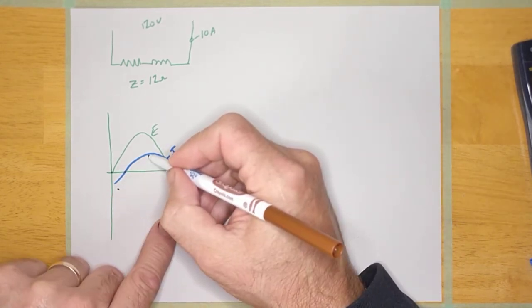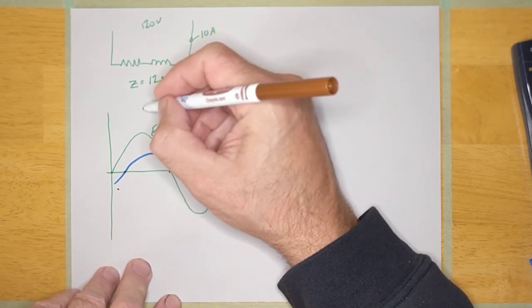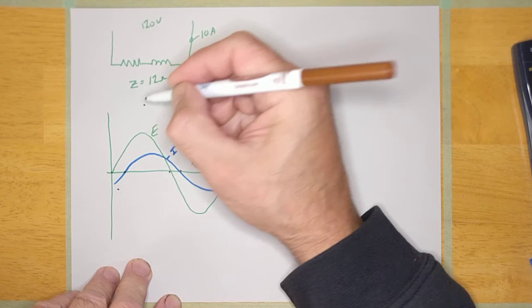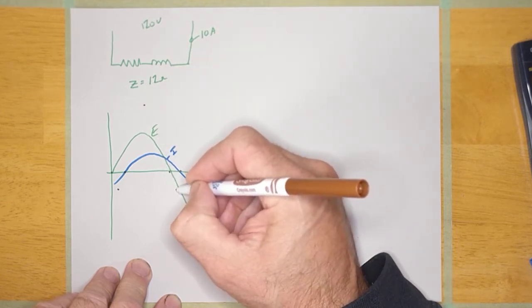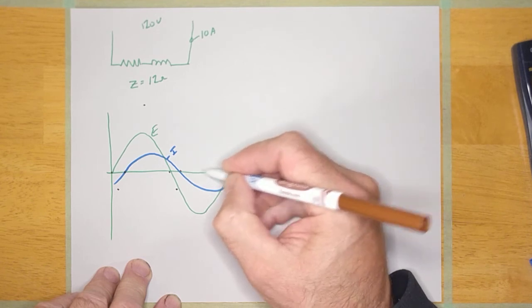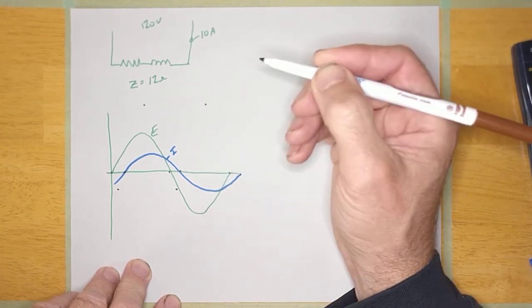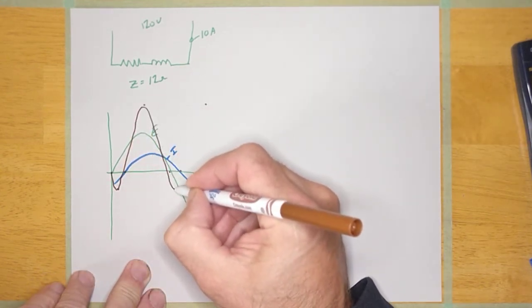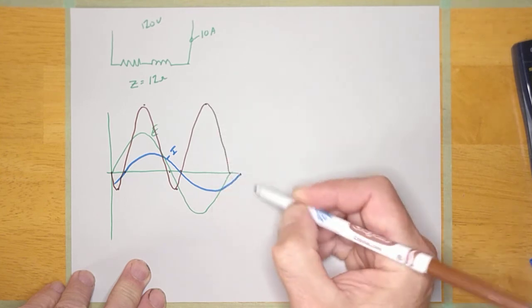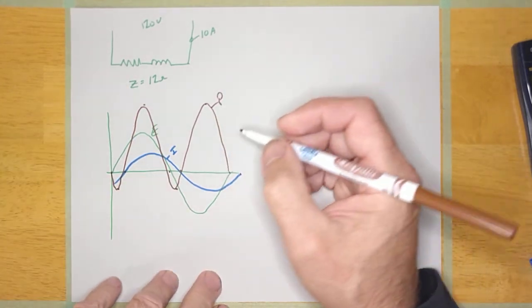Look here, positive current, positive voltage. Multiply those two together, they're going to be positive. Look here, negative voltage, positive current. It's going to be negative. Right in between these two dots, negative and negative. There, join the dots, carefully. So there's your power curve for this particular one, or power wave, I should say.